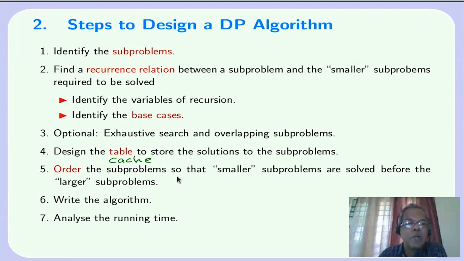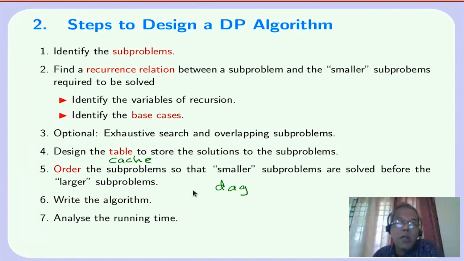It should be possible to arrange the sequence of problems in this way. Whenever we come to solve a subproblem, all the smaller subproblems which are required have already been solved. I stated this property of the problem by a DAG, a directed acyclic graph. If we represent the relationship among the subproblems, it is a directed acyclic graph.